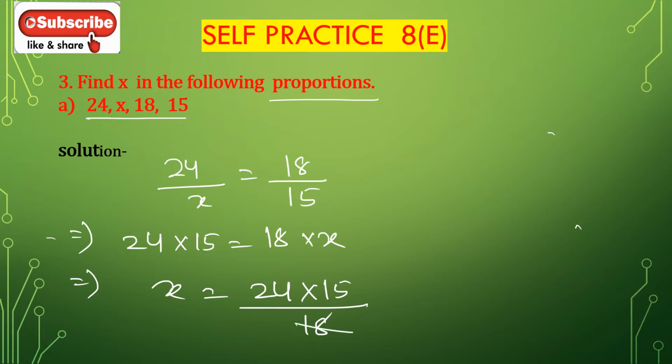Now divide 18 and 24 by 6. 6 3s are 18 and 24 divided by 6 is 4. Now dividing 15 and 3, 3 5s are 15. 4 multiplied by 5 is 20. So the value of x is 20.